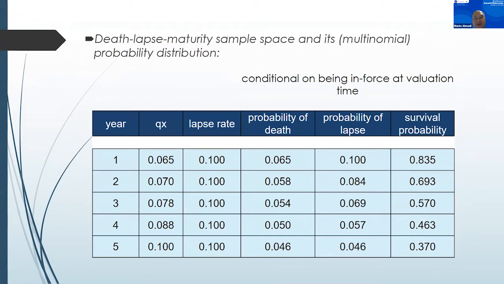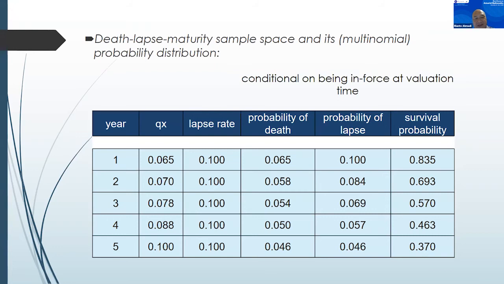So a sample space consists of possible outcomes of death in the first year, or lapse in the first year, death in the second year, lapse the second year, death third year, lapse third year, death fourth year, lapse fourth year, death fifth year, and finally maturity.